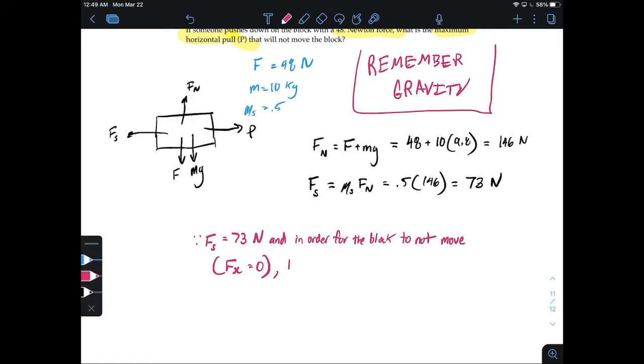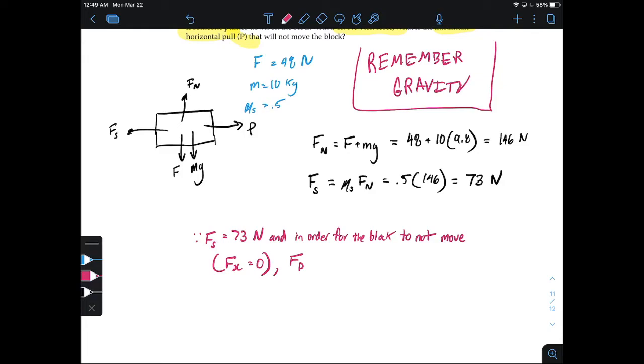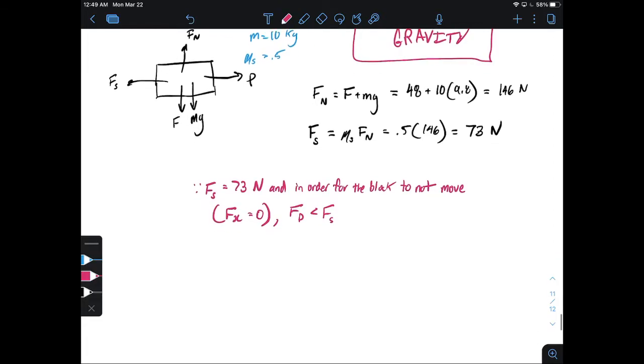Or actually it would be P in this case, or the force due to P, I'm just going to say F sub P, must be less than Fs. And then, therefore, Fs, yeah, okay, I did that right. Fs must be greater than, or no, did that wrong. F sub P must be less than 73 newtons. And that is our answer.